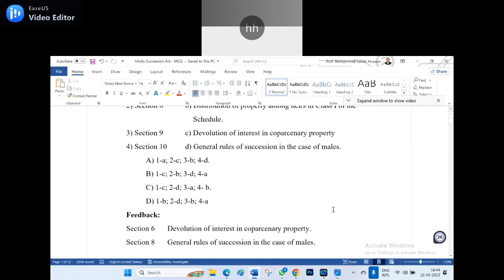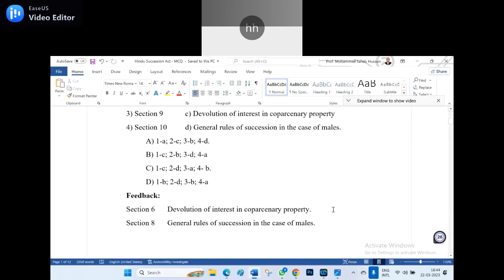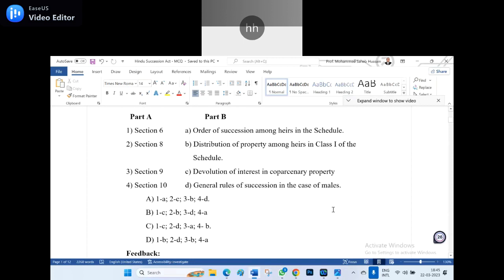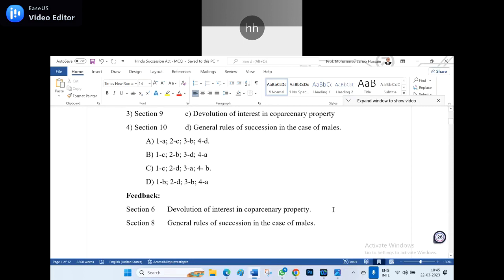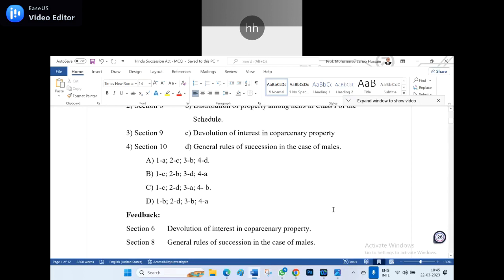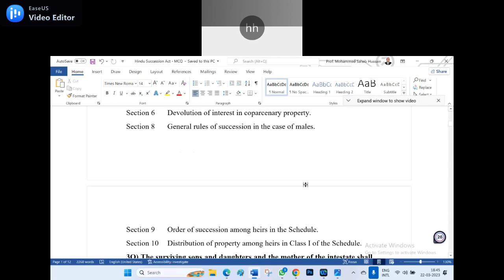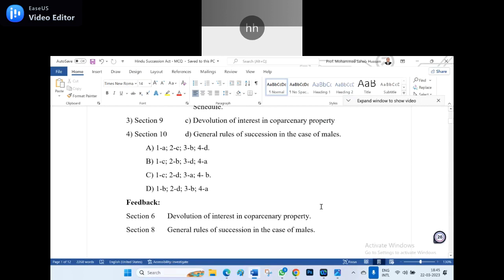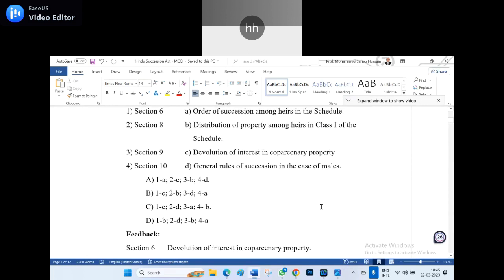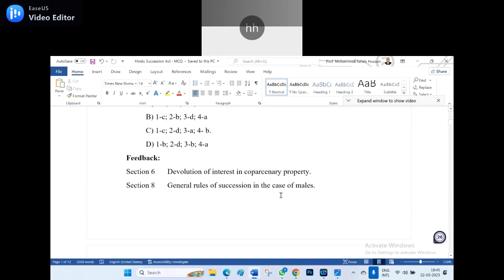And here you can check the feedback. Section 6, devolution of interest in coparcenary property, which is C. And section 8, general rules of succession in the case of males. So general rules of succession is D, meaning 2D. And section 9, order of the succession among the heirs in the schedule, given under A, 3A, right answer.